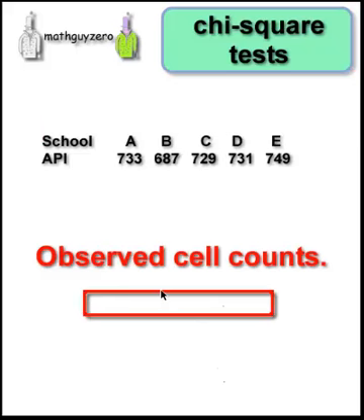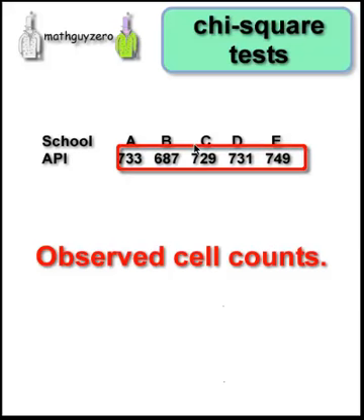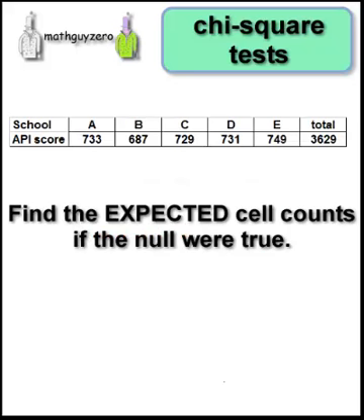The easy part is the observed cell counts. That's the data we already know from the problem. This is where the work comes in: finding the expected cell counts. If the null hypothesis were true, which states that there is no difference between the high schools, they're all basically the same, relatively equal, with no significant difference.